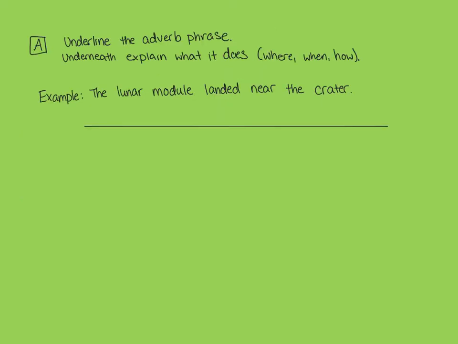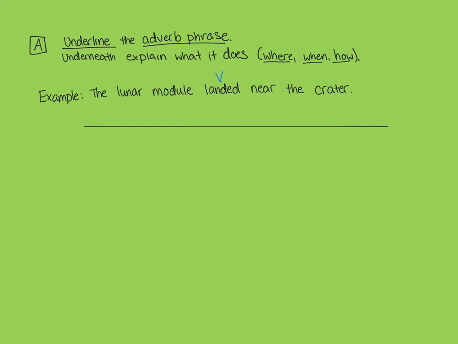Part A is going to ask you to underline the adverb phrase, so the whole phrase, and then underneath on the line to explain what it does. So you're explaining, does it tell you where, when, or how, and actually give some detail. So in this example, the lunar module landed near the crater. So my verb is landed. That's why I'm just sticking a V there.